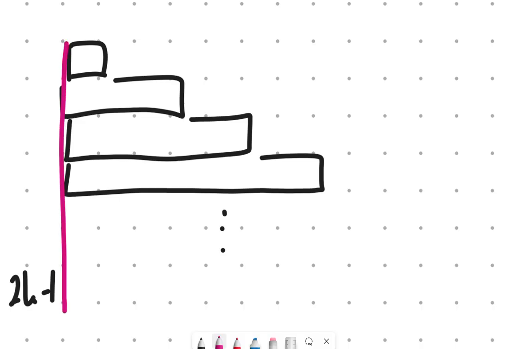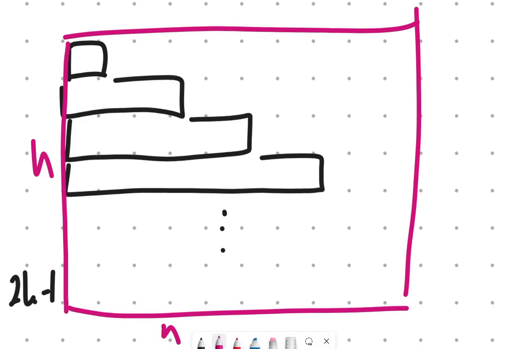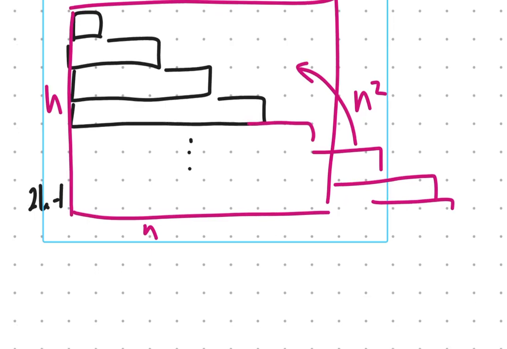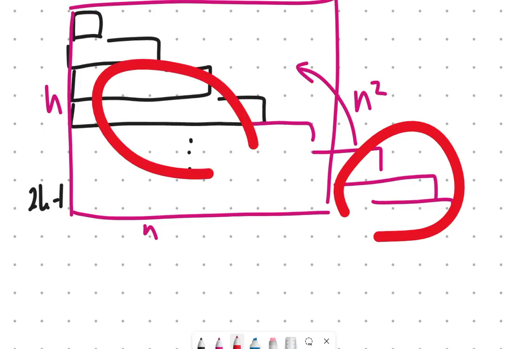Let's say this is n and this is n, so that it will be n squared. And some of them will pop out, so we need to put them back inside. And it turns out that geometrically the part that is outside is just equal to half of this.